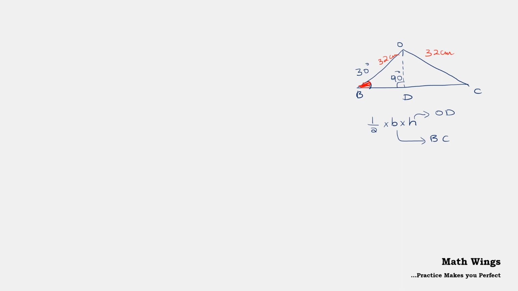So let us apply that. What is sine theta? Sine theta is equal to opposite by hypotenuse. So with respect to angle theta, opposite is OD divided by hypotenuse, which is 32 here, right? So this implies that sine of 30 degree is equal to OD divided by 32.